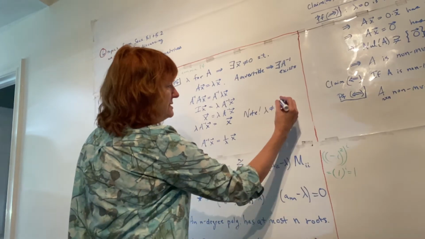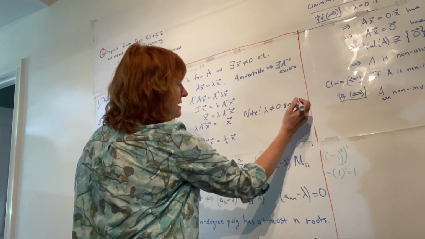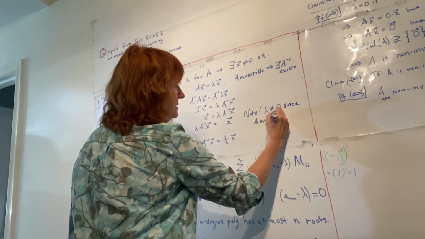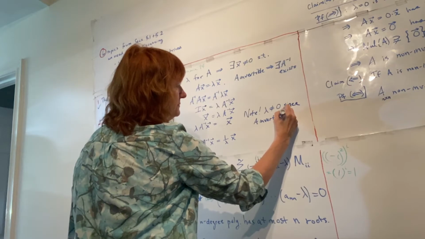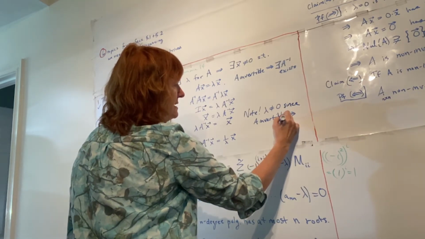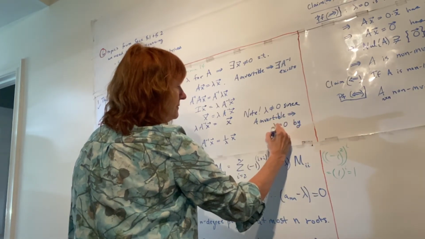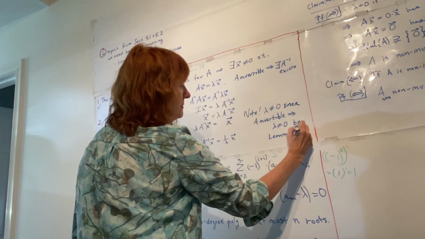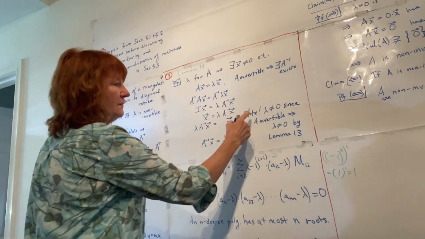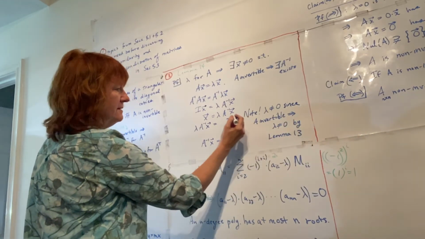So lambda is not equal to 0 since A invertible implies lambda is not equal to 0 by lemma 13. Right. So right in here is where you need to say that.